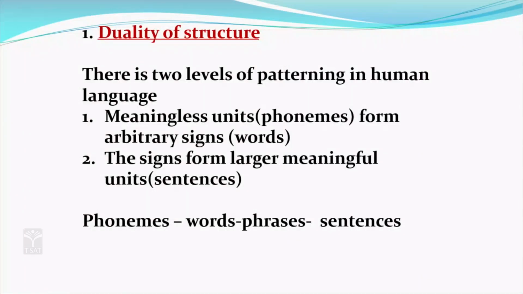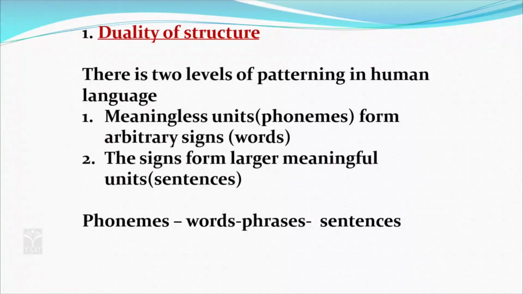Smaller units like phonemes constitute larger units, words, and words constitute sentences. And you can go further. Phonemes or letters make words, and words make phrases, and phrases make sentences, and sentences make texts.